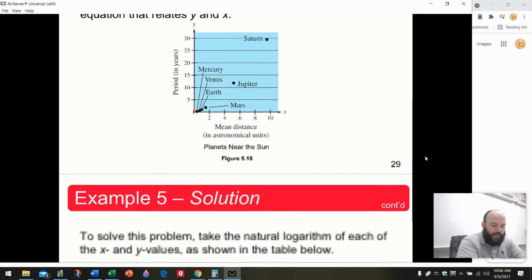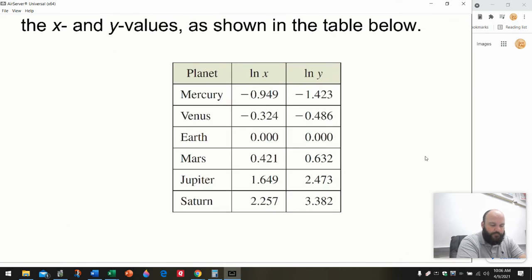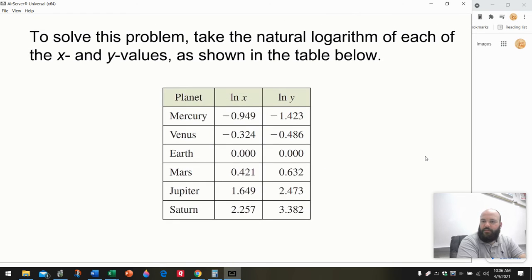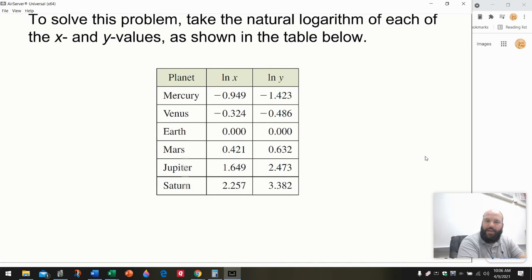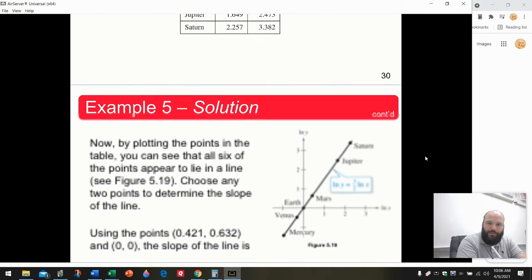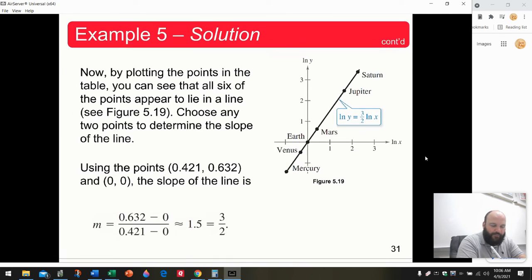Now, when you do that, you end up with a new table. And this is the result of taking the natural log of every single one of those numbers from the first table. You can see now we have all new points. But the idea here is that if you take these and plot each one of these on a coordinate plane, you now get a linear graph.